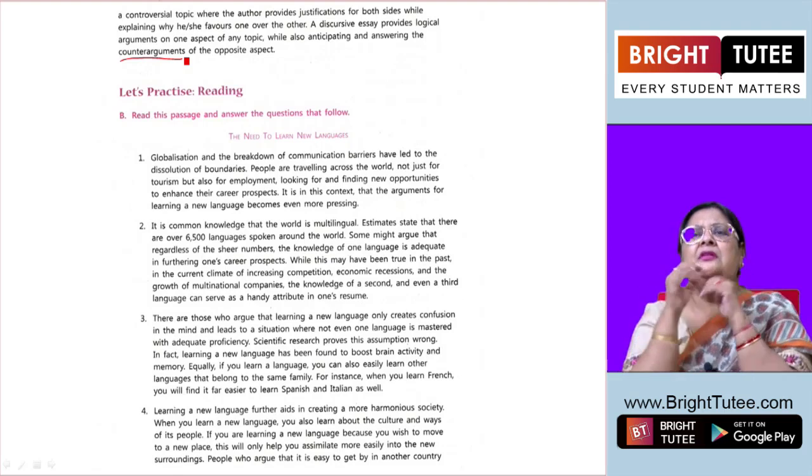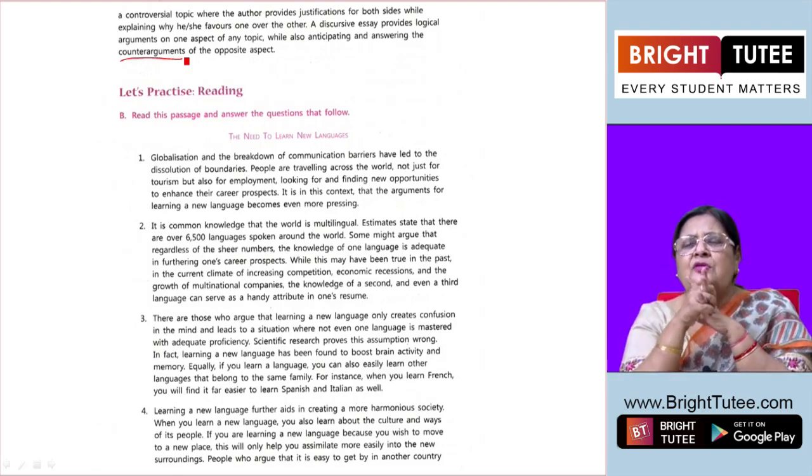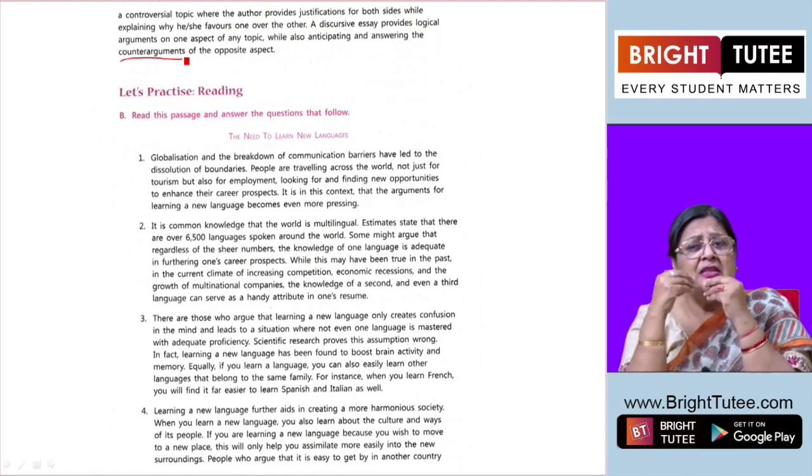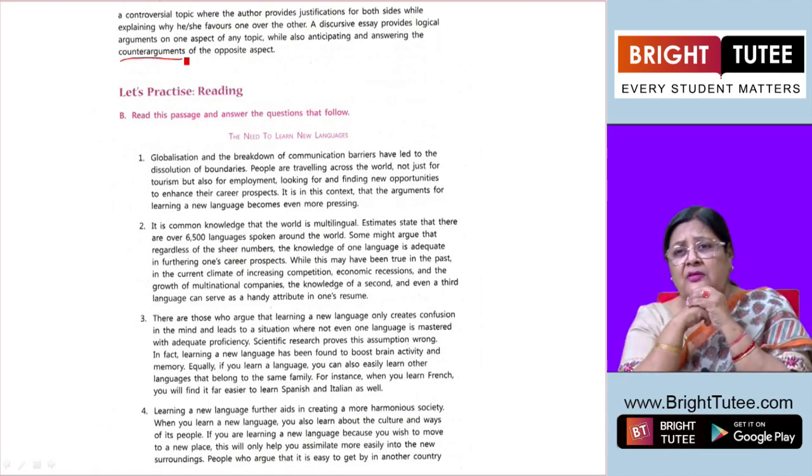They are the interpreters. They used to interpret, like a Japanese minister came here and he doesn't know how to speak English, so he will speak in Japanese and the interpreter will speak on his behalf in English. So this kind of knowing languages was important at that time.